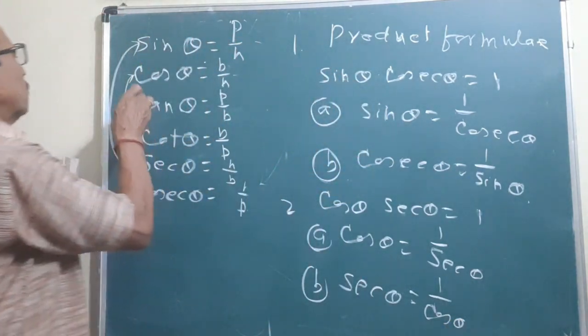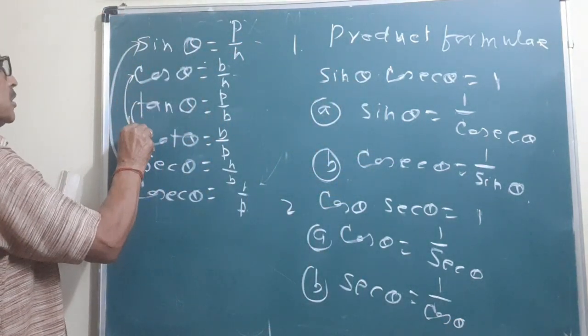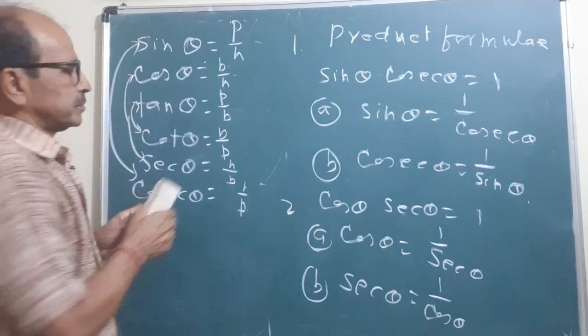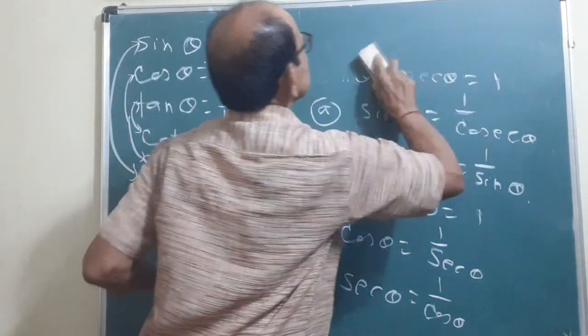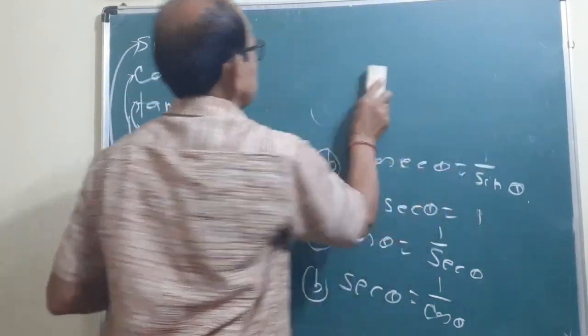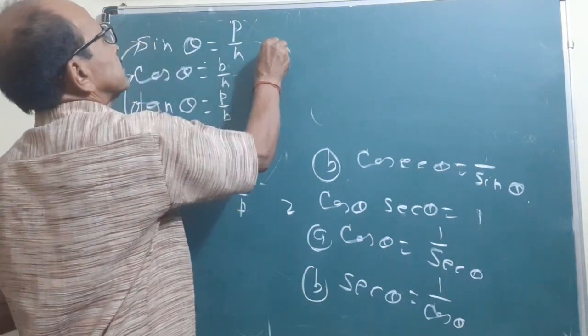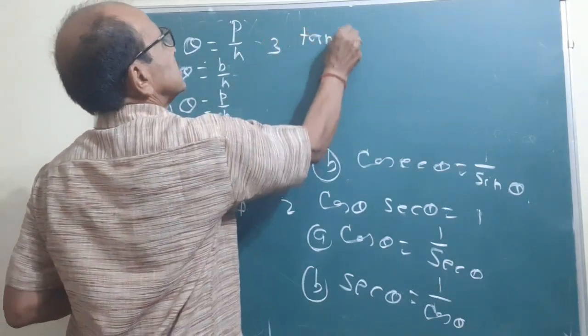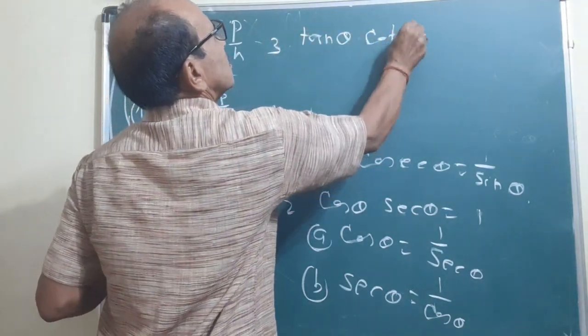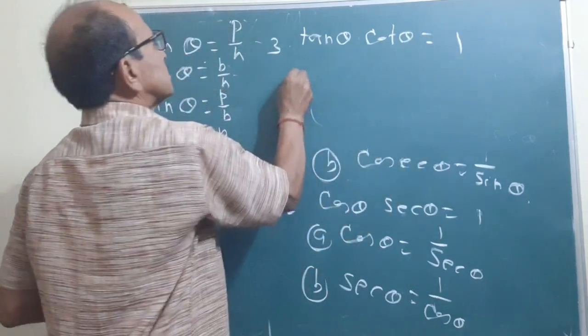Now one more, third formula, tan theta into cot theta is equal to 1.